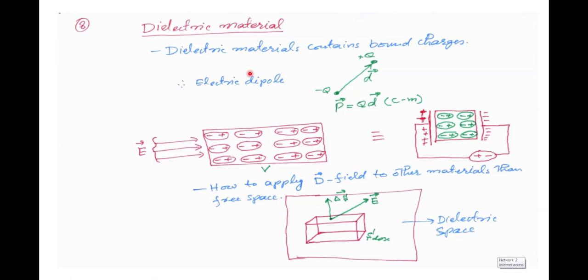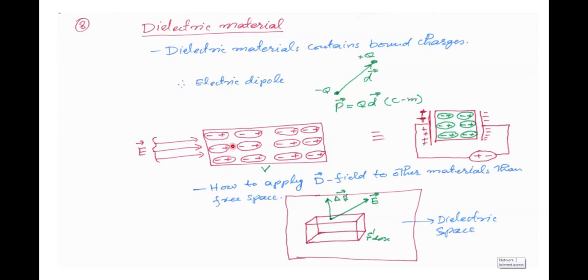All the charges are bound, and the basic fundamental particle of dielectric material is the electric dipole, which is given by this relation. P represents the dipole moment, Q represents the magnitude of the charge, and d represents the separation between the positive and negative charge, directed from the negative charge towards the positive charge. The unit of dipole moment is coulomb meter.